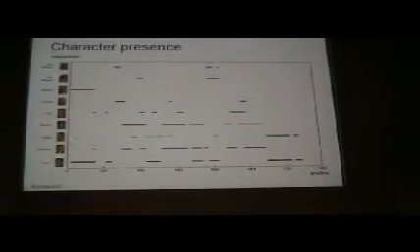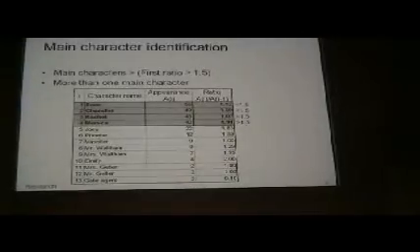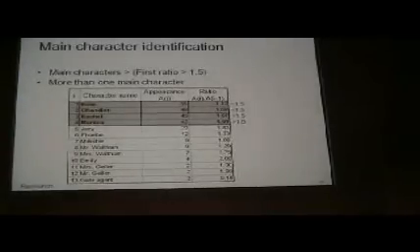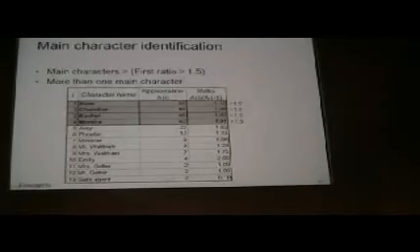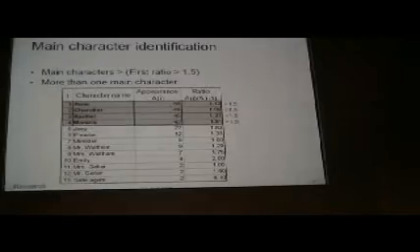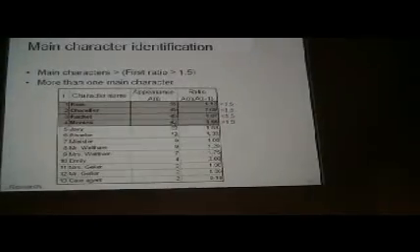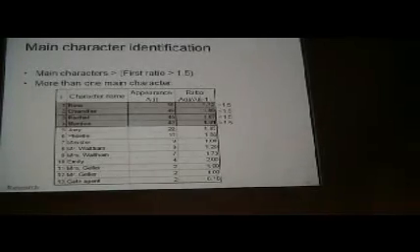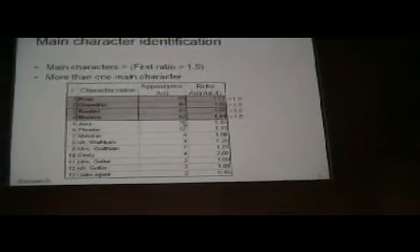To do that, we create this table, which has all the character names in the first column. Then we have the number of times of their appearance in the second one. And as we can see, the first 4 characters have their appearance in the interval between 40 and 55, while the next one has a visible difference in appearance.